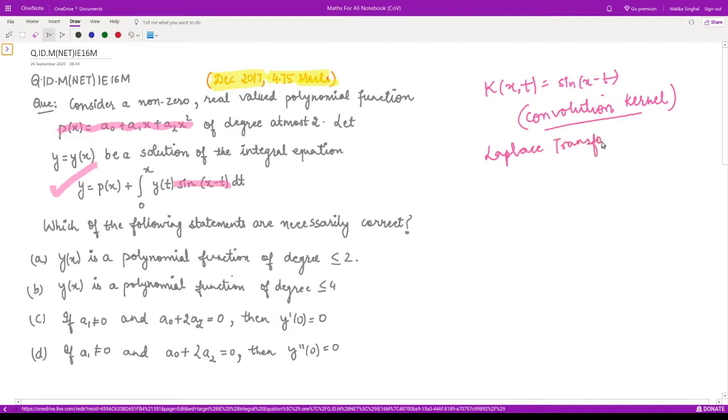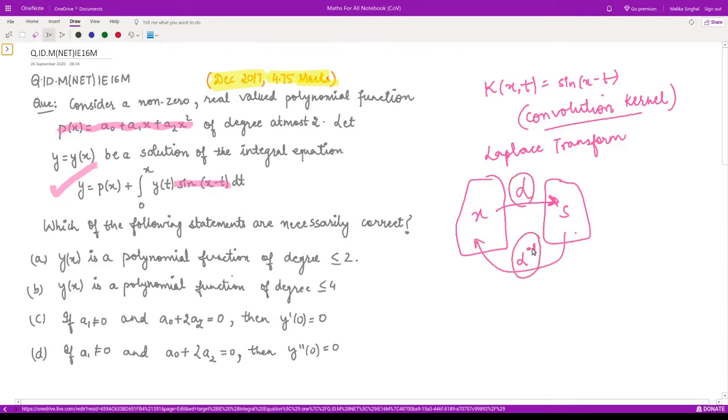We take our equation to another domain, the S domain, using the operator L, the Laplace transform. We simplify the solution in this domain and then move back to our original domain X using the Laplace inverse. We have the formulas for this, so we can easily solve this equation in the S domain and move back to the X domain.